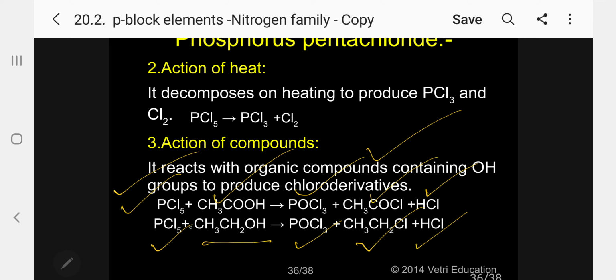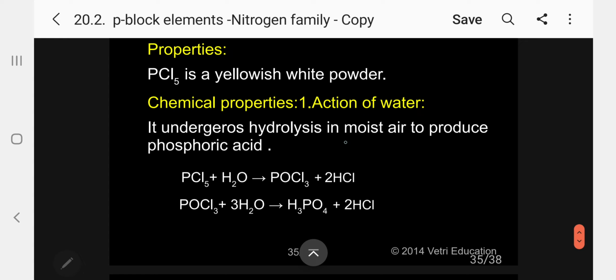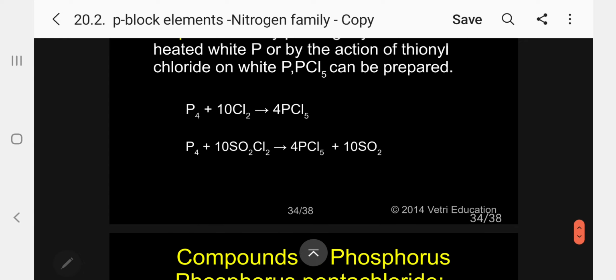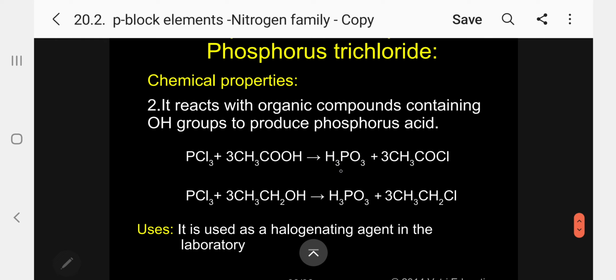The main difference between trichloride and pentachloride, kindly follow. In the case of phosphorus pentachloride, phosphorus oxychloride is formed as an additional product. Now for the trichloride, just see here.